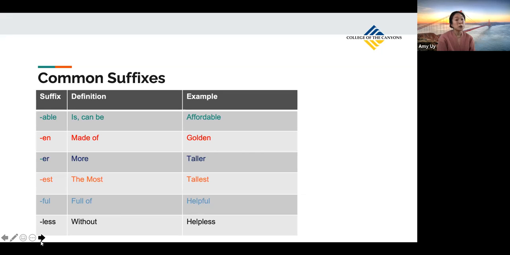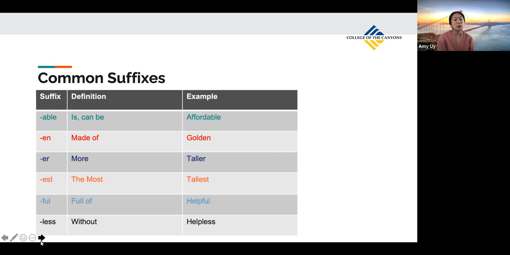Here are some other common suffixes. We have able, which means is or can be, and an example is affordable, able to be afforded or can be afforded. And then there's en, which means made of, and an example is golden. So that could be made of gold or made of the color gold.